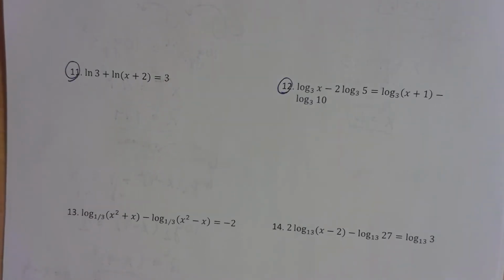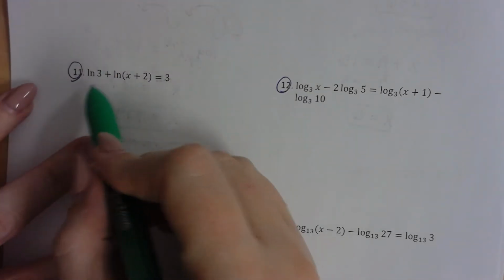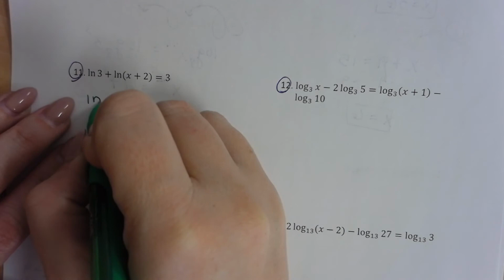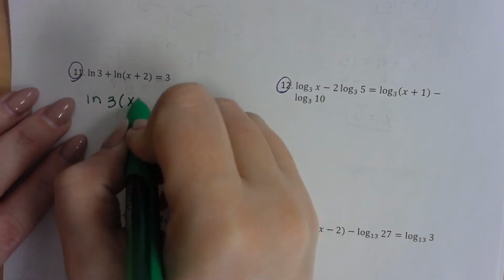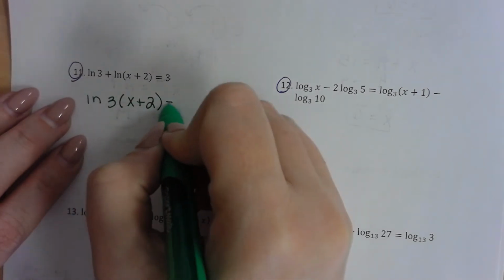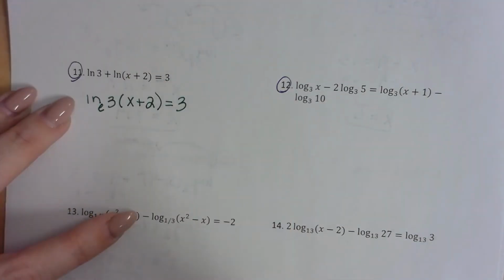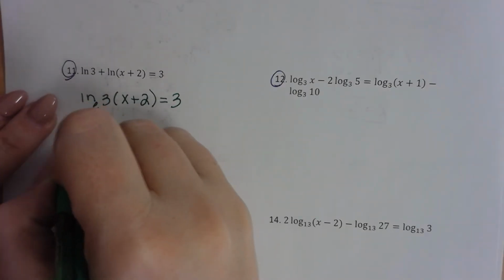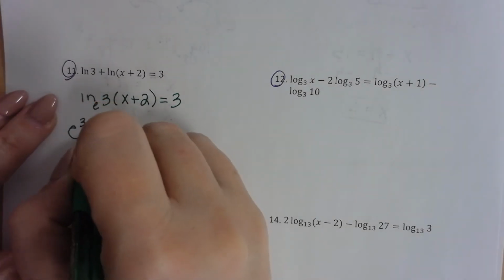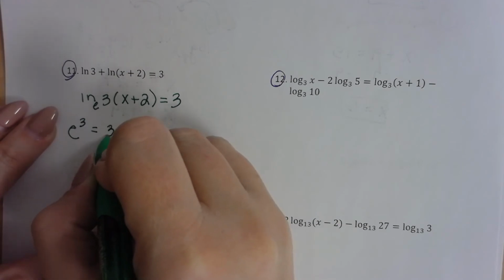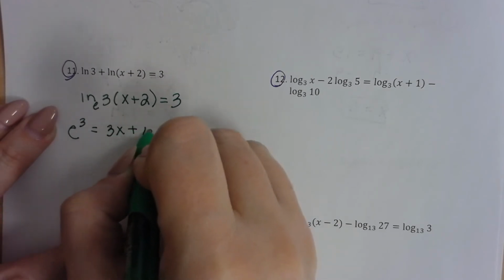Okay, number 11. So we've got 2 ln's being added. So we're going to use multiplication to rewrite this as 1 ln. Now that we have it as 1 ln, we can write it using exponentials. So remember, ln has a base of e. So it's going to be e to the 3rd power equals 3x plus 6.